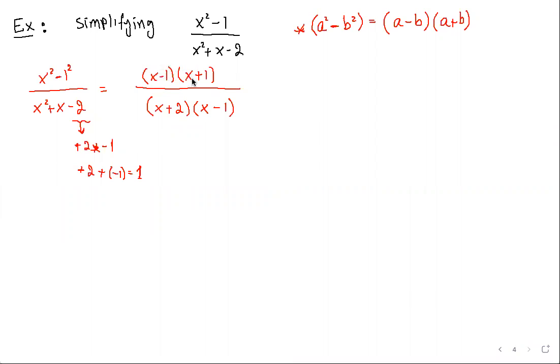So x minus 1 and x minus 1 cancel each other, because they are a common factor of both the numerator and denominator. Then this equals x plus 1 over x plus 2, and this is the answer.